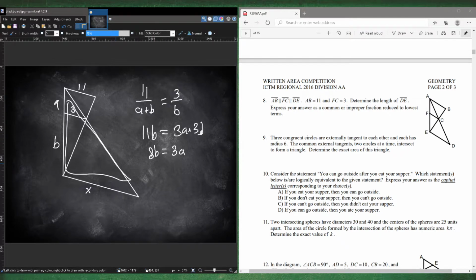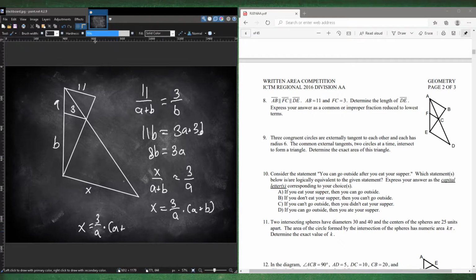Now we can use this big triangle and this small triangle, which gives us X over A plus B equals 3 over A. So we know that X is going to be equal to 3 over A times A plus B. To cancel our A, we need to make A in terms of B. So X equals 3 over A times A plus B, and B is equal to 3A over 8.